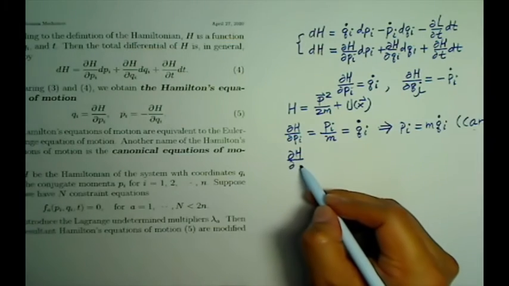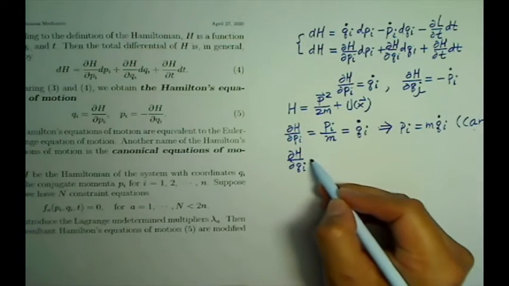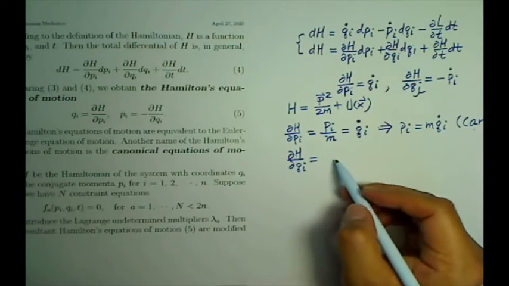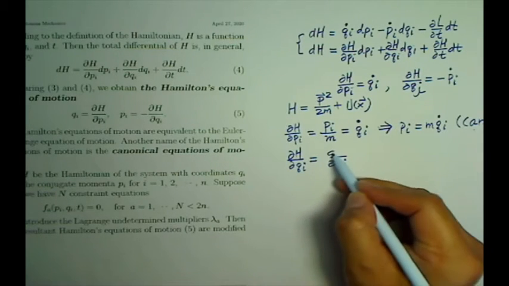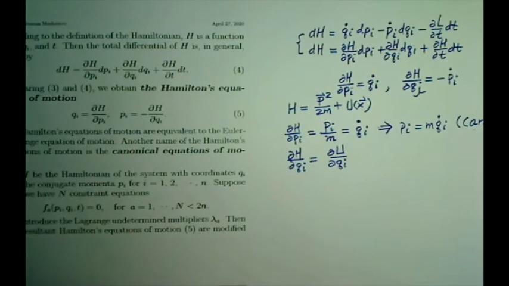The Hamiltonian's partial derivative with respect to qi is the potential's derivative.